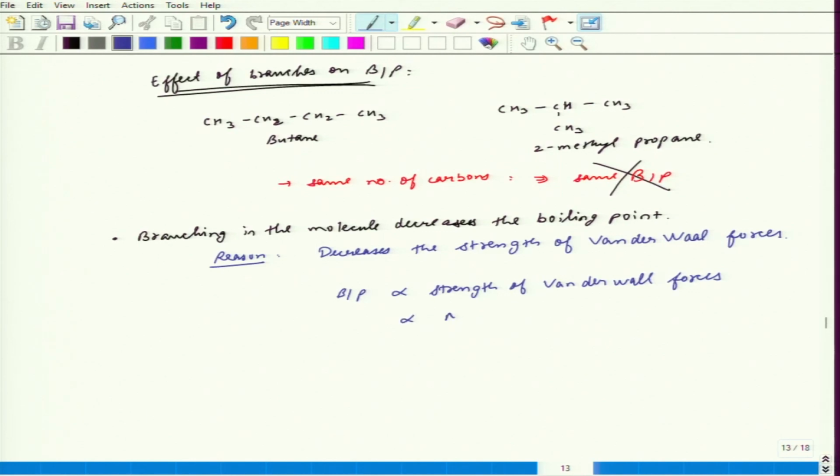So boiling point directly depends on the number of carbons present, and it is inversely proportional to the branching in the molecule.